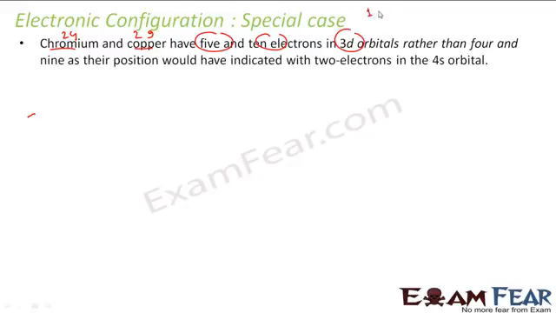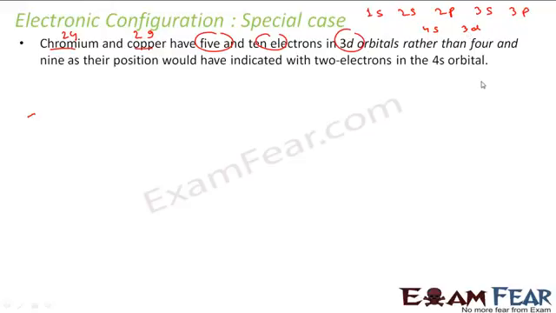Let me write the order of increasing energy first. First I'll get 1s, then 2s, then 2p, then 3s, then 3p, then 4s, and then 3d. Correct? That's how it is.